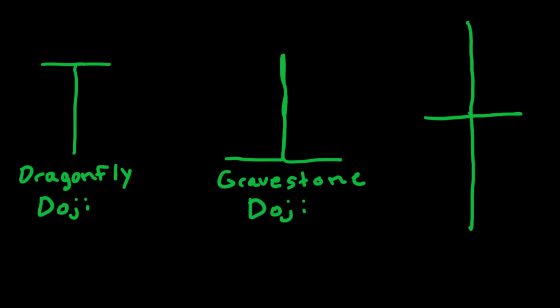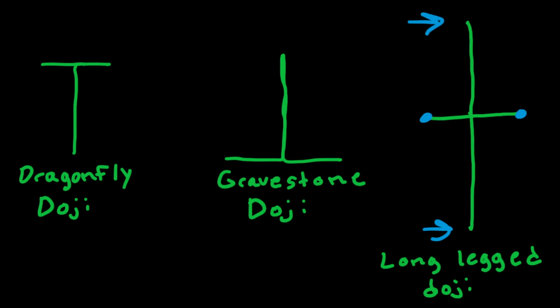So it looks something like this. It opens here, and during the day it has a very high high and a very low low, but then it closes at the same level. This is what we call a long-legged doji. I think I will talk more about these specific kinds of dojis in later videos, but for now it can be fun to learn some special cases.